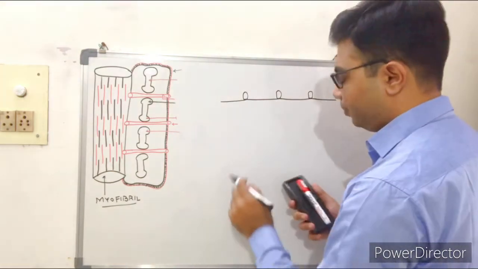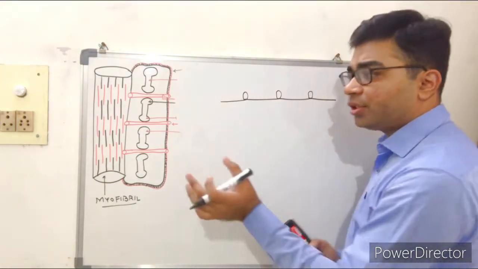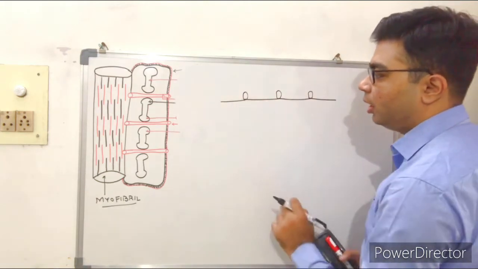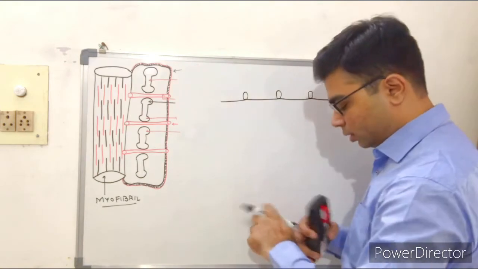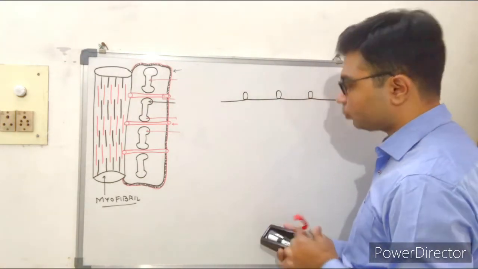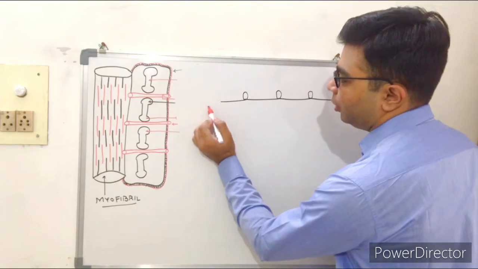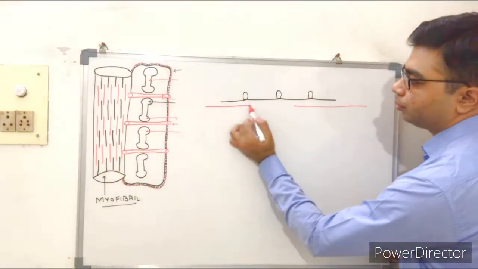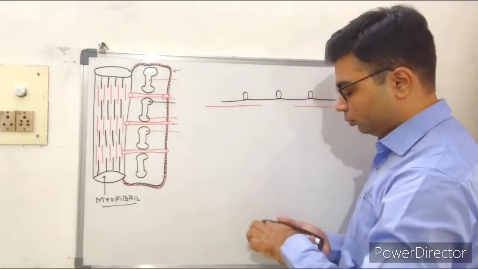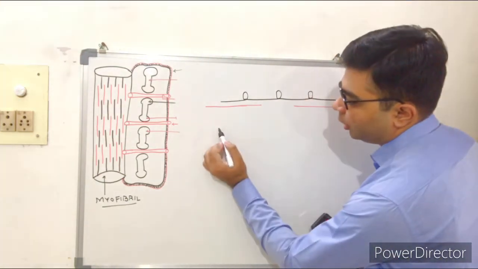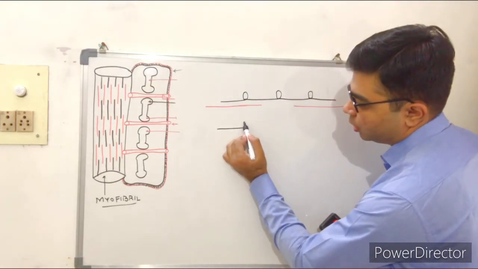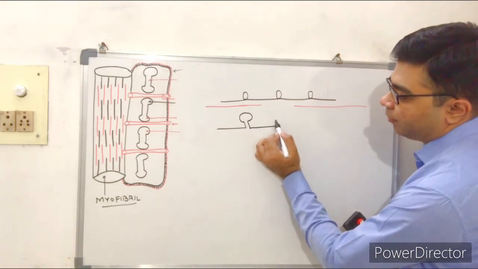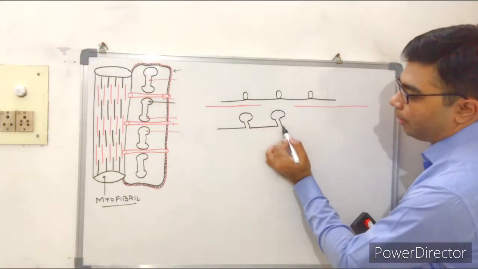So for that, this is the A band. The A band has myosin protein, and the myosin has a portion, that is the head of the myosin. So this is the head of the myosin. On the other side, let me draw the I band. Again the A band. Now I'm going to draw a little bit in detail, this is the perfect head of the myosin.